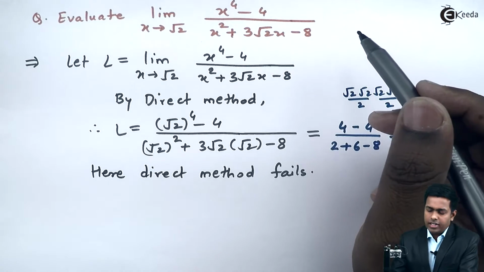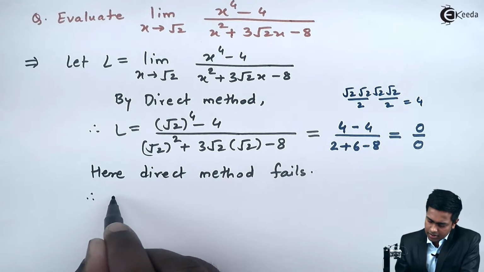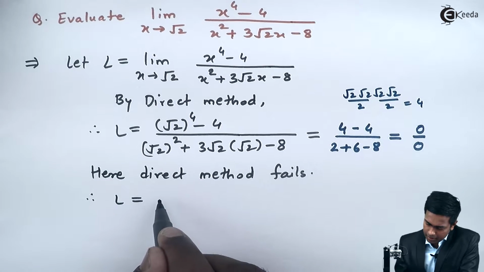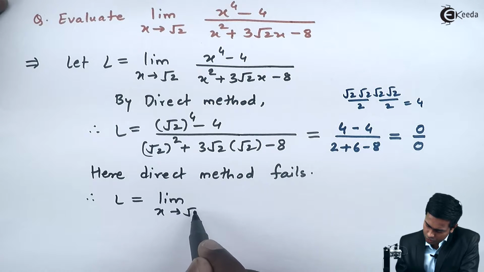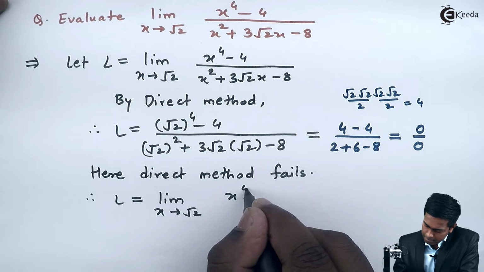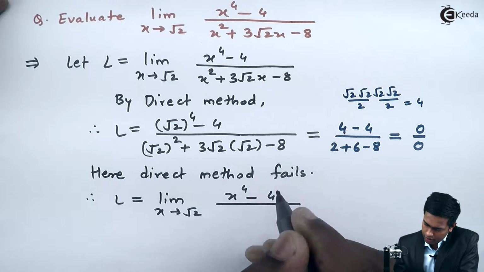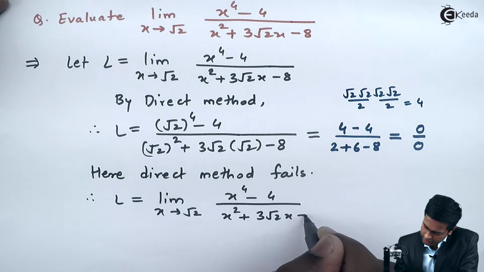Now to understand some other method, I will rewrite the given limit as L equals limit x tends to root 2 of (x raised to 4 minus 4) upon (x square plus 3 root 2 x minus 8).